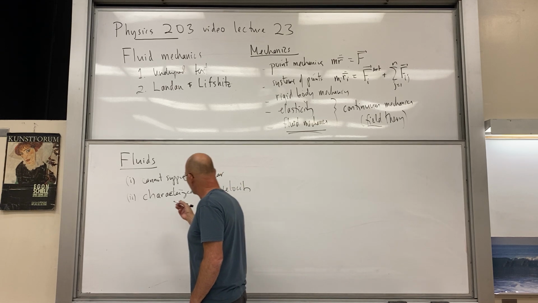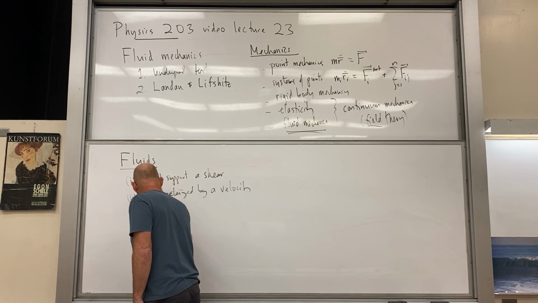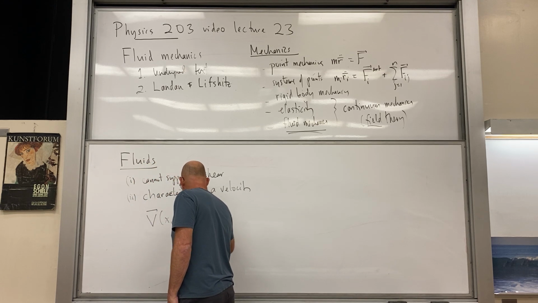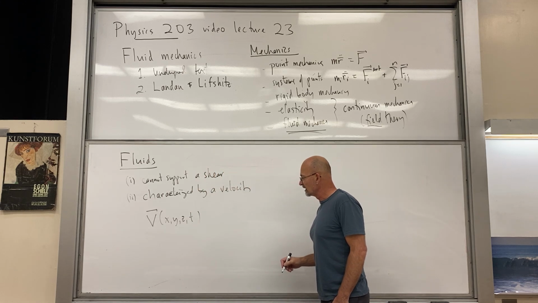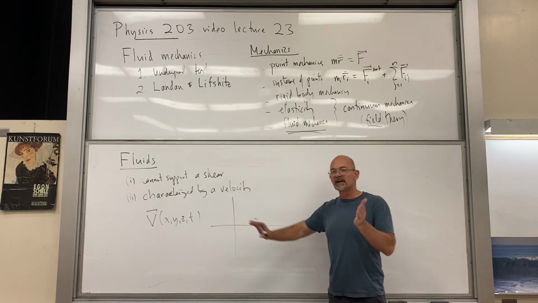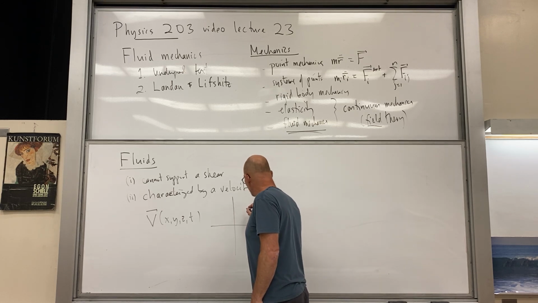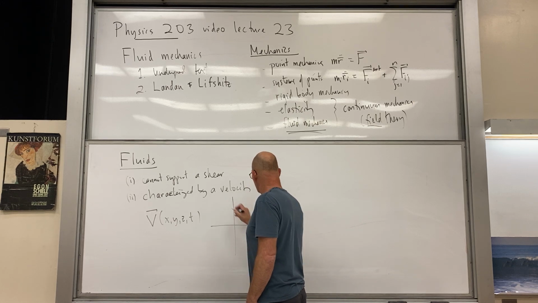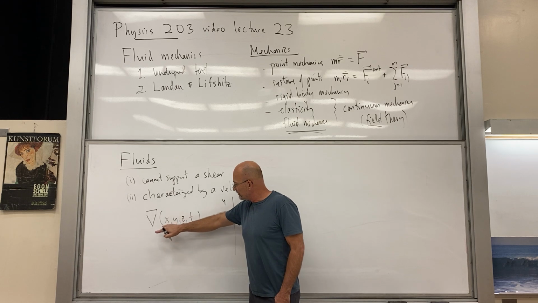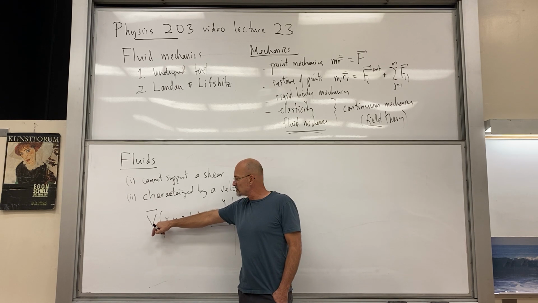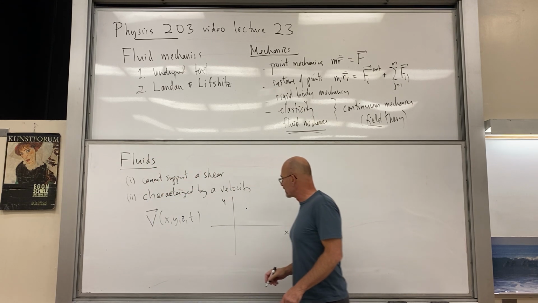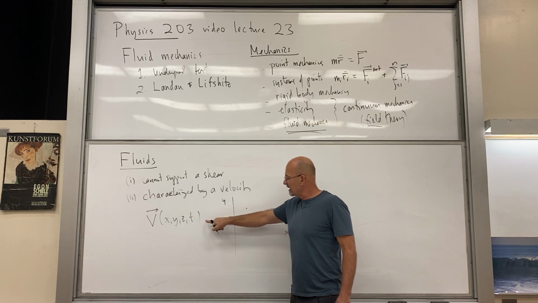The velocity is a field, so it is a vector v of position x, y, z, and t. You could say at every point in your particular space, here's your x, y, z coming out of the board, every point in that space has a vector attached to it, a three-component object that's a function of that position and time.